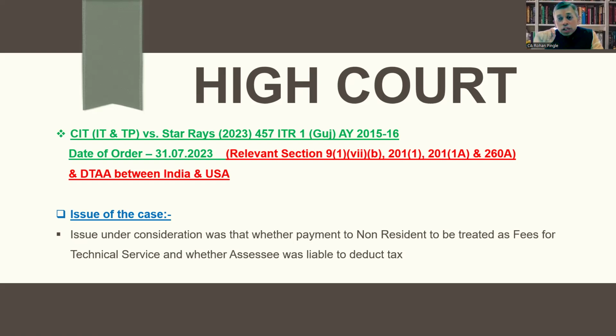The relevant sections here are section 9, subsection 1, clause 7, subclause B, section 201 subsection 1, section 201 subsection 1A, and section 260A. And here, the relevant double taxation avoidance agreement between India and USA is also involved.